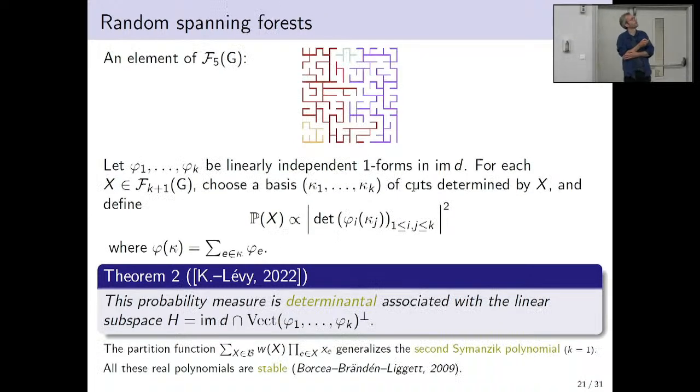So let me give another example corresponding to the other family I talked about, which is this spanning forest with a fixed number of connected components. So again, I need an additional piece of data to define a measure. So I will take phi 1, ..., phi k to be one forms in the image of D, which are linearly independent.